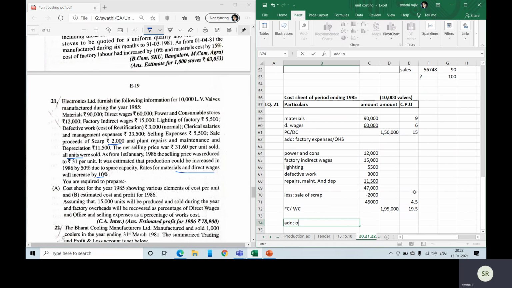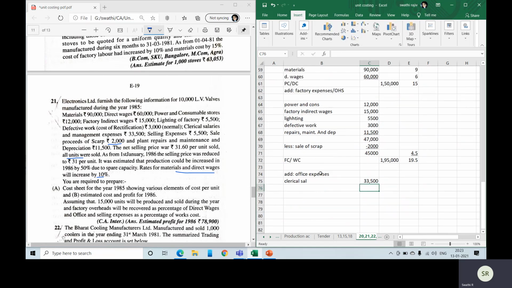Now add our office expenses, given here as clerical salary, office expenditure, etc. So clerical salaries are 33,500.